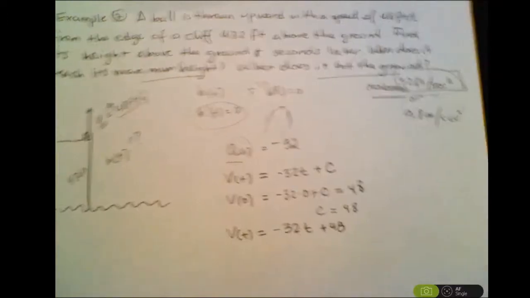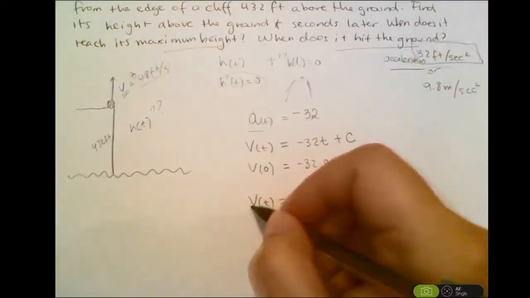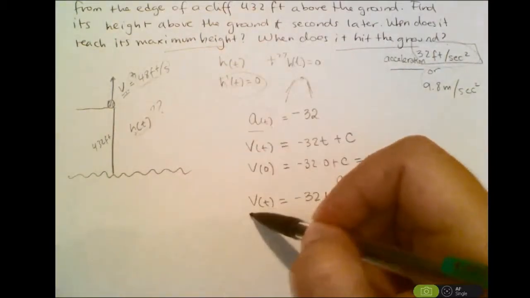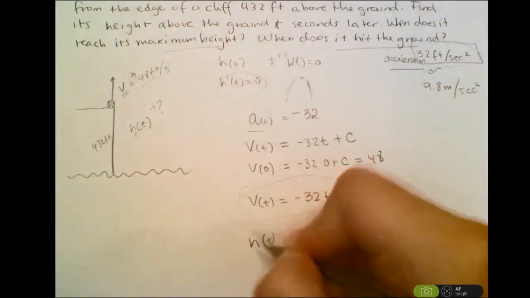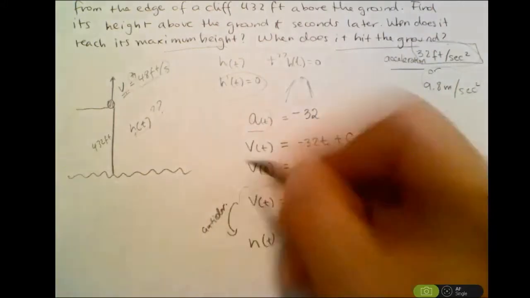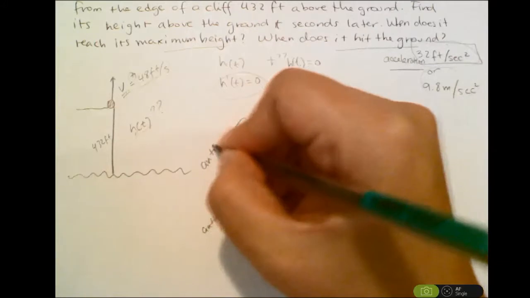Now, the derivative of the height is velocity. So if I know the velocity, I can find the height by applying antiderivatives again, just as I did from acceleration to velocity.